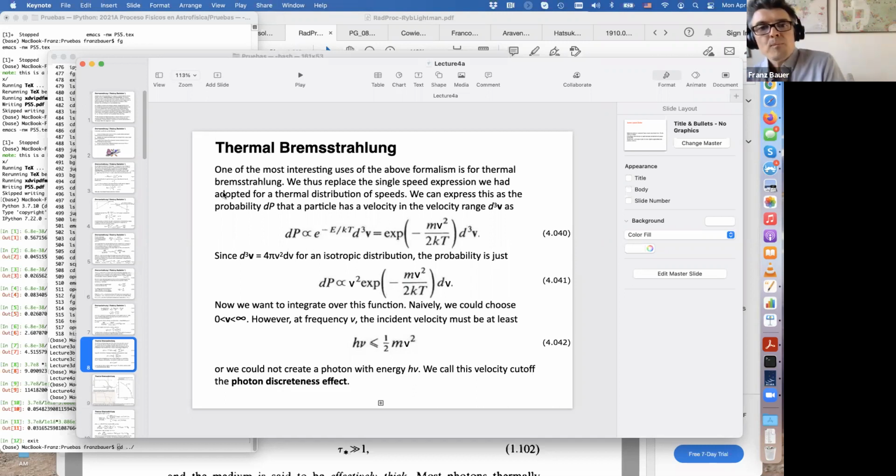So we had a single speed expression before, and we can replace that with a thermal distribution of speeds. To do this, we can express the probability of a particle having a velocity within some range in velocity space. This probability is proportional to the derivative of the velocity range, and this thing here, which is just expressing a Boltzmann distribution.